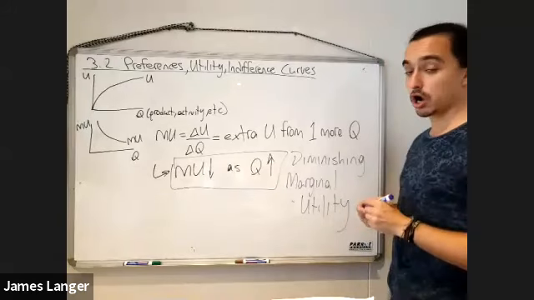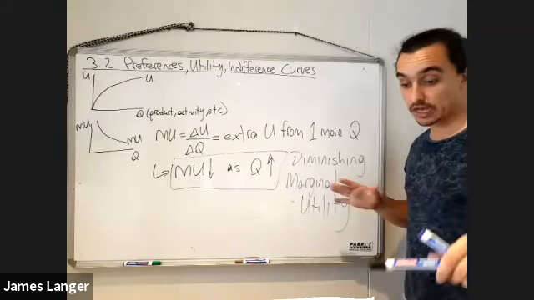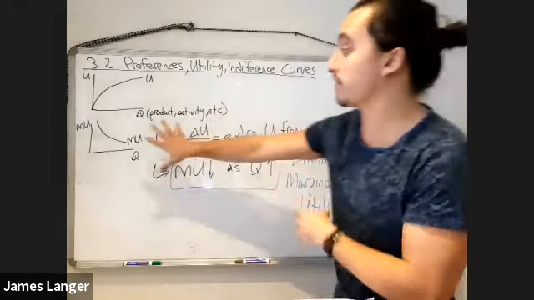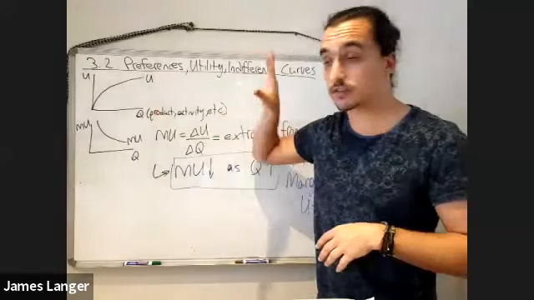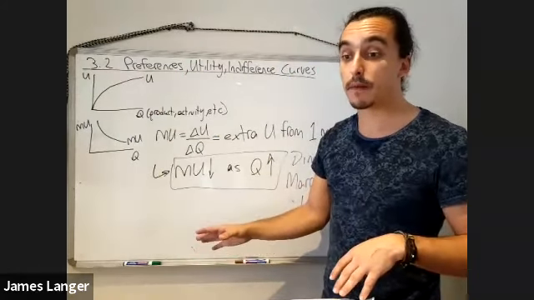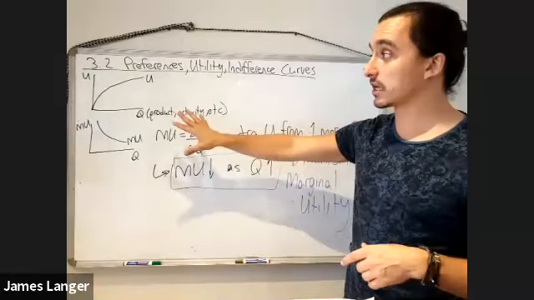I think it's really important that you understand this, because it's going to be a fundamental part of what we learn. We're not going to be graphing MU and U. This is the last time you're going to see these graphs. I'm going to answer those questions in a second.